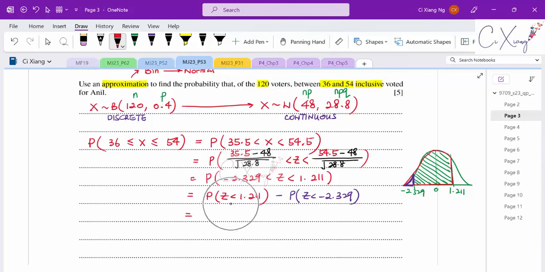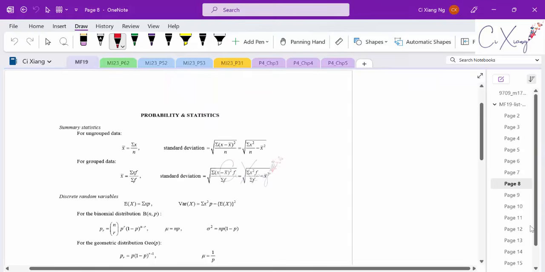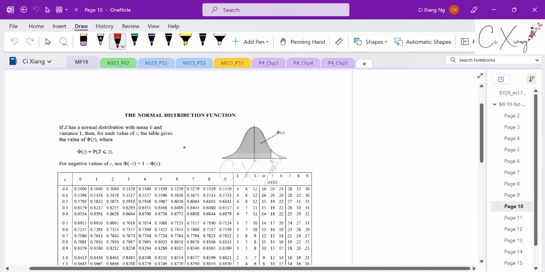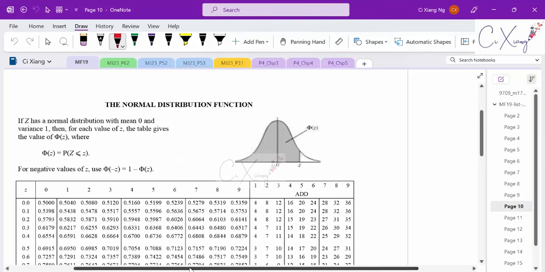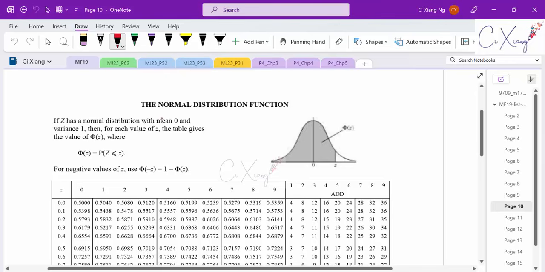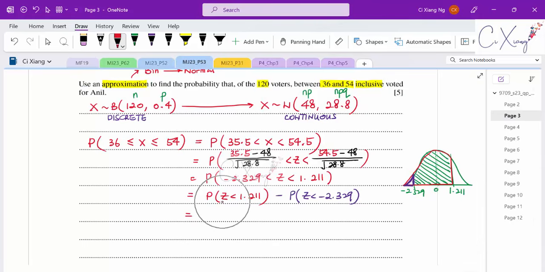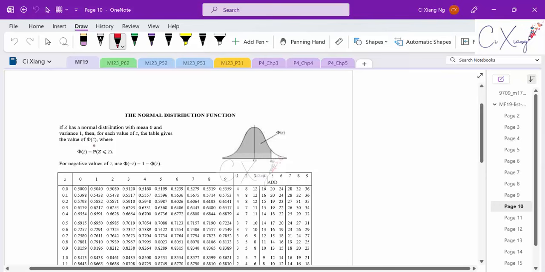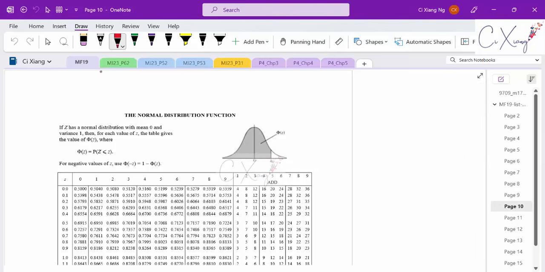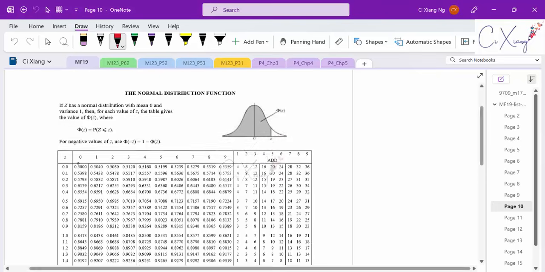Z smaller than 1.211. So I go to my MF19, the normal distribution function provided. My Z is 1.211. According to the table, they are providing the area smaller than. So I'm looking for the area smaller than 1.211.